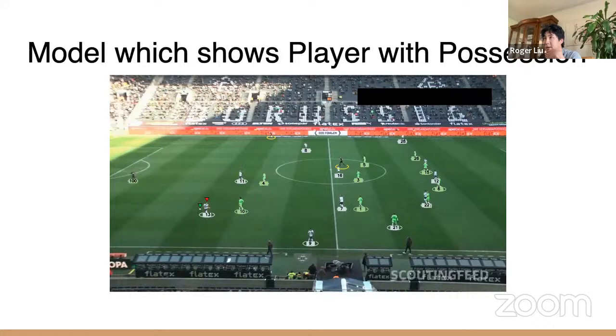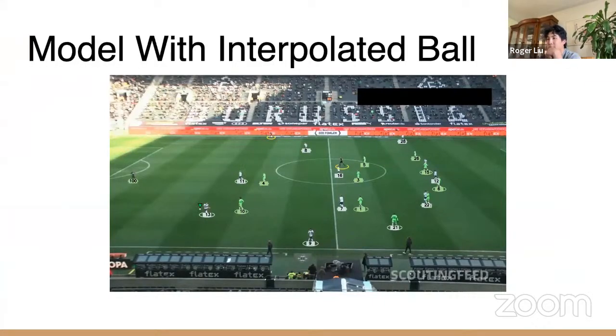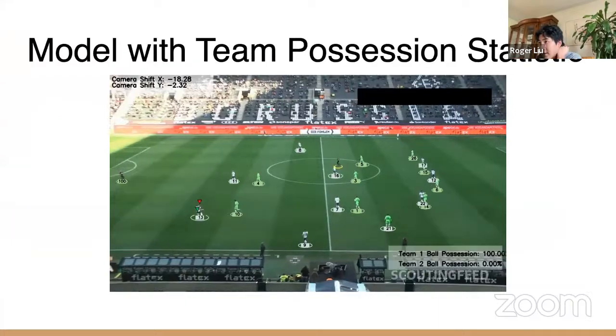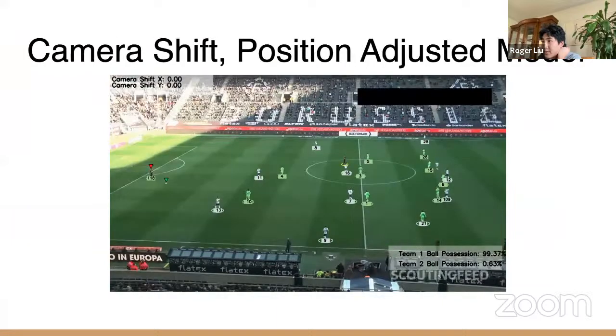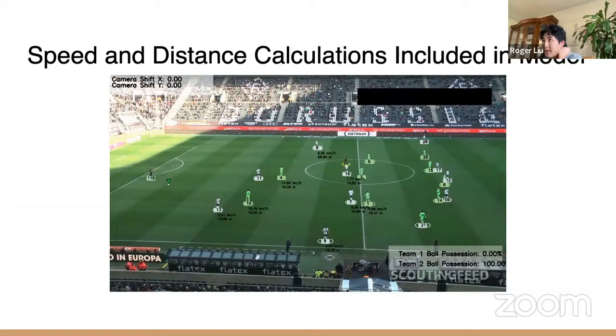We added the possession icon here, that little red guy on top of 13. Because of both of those, we were able to track the possession. And because we wanted to calculate the speed, we had to calculate for the camera shift. And this is with the calculations done, with the estimated speeds and the distance moved.